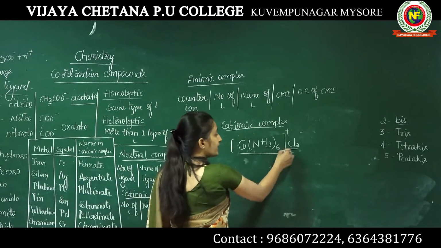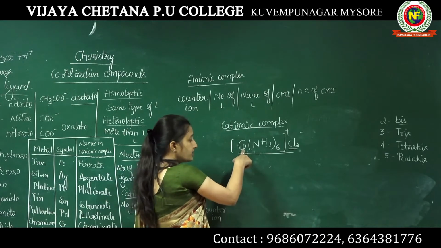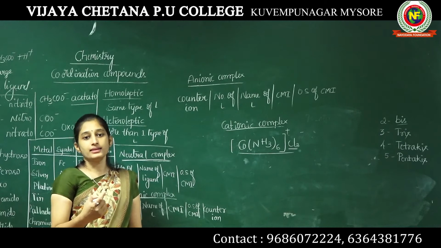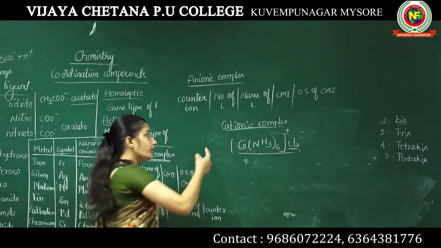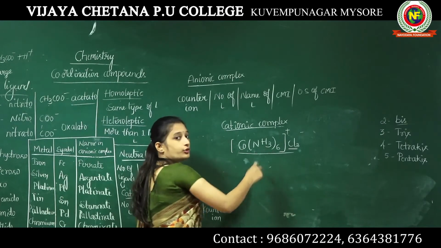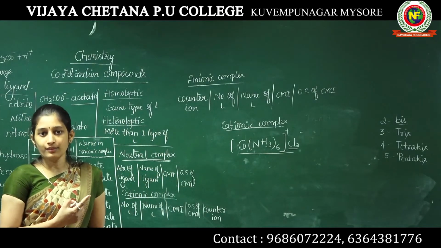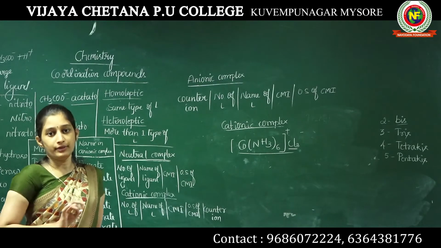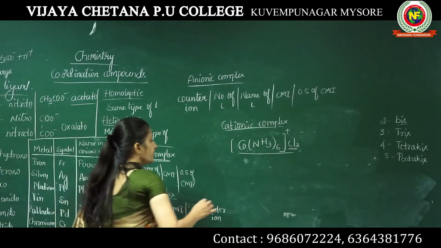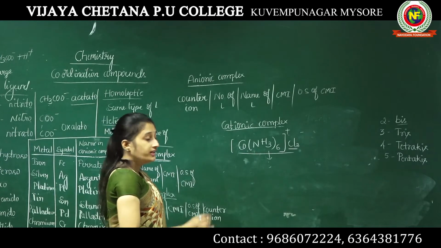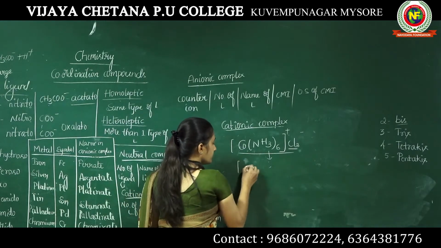Now, in this cationic complex, Co means cobalt. This acts as the central metal atom. Around cobalt, how many ammonia groups are there? Six ammonia groups, and all the ammonia groups are the same. Then what type of complex? Homoleptic complex. Now first you should split. How to split this?